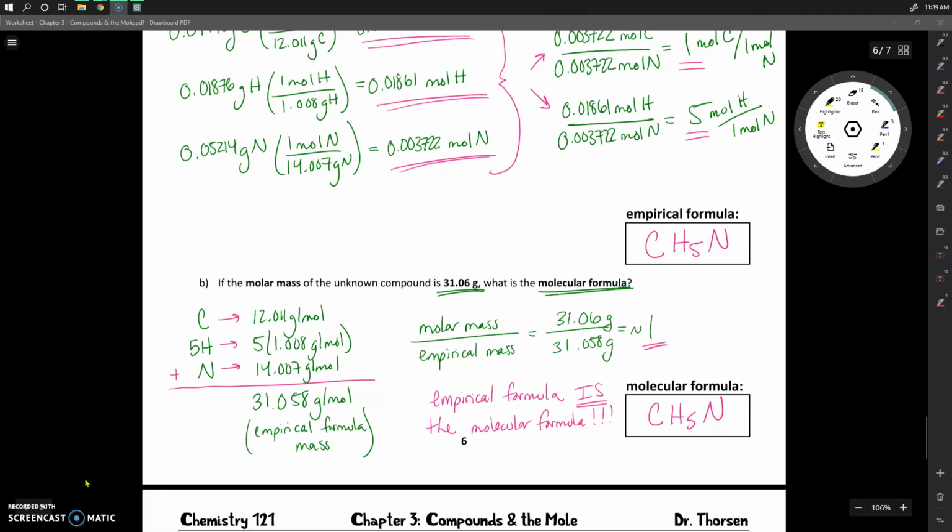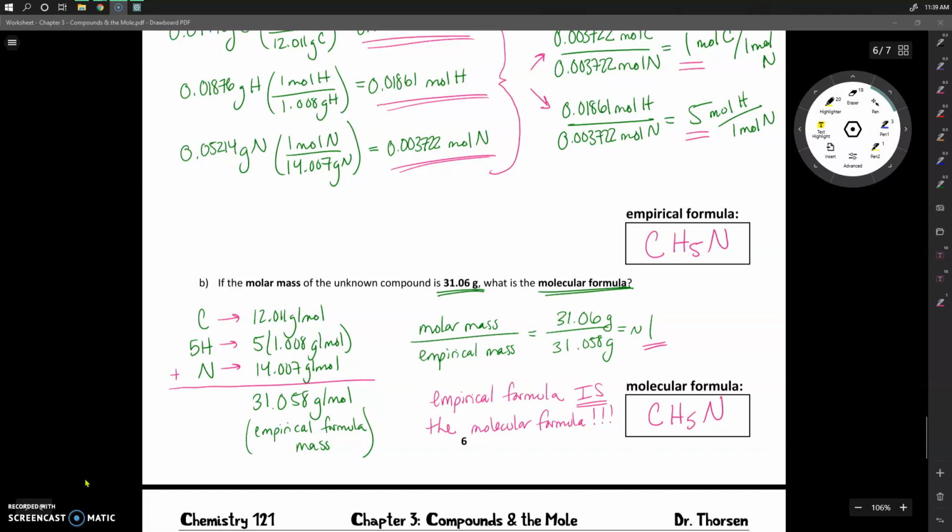And that can only be the case if the empirical formula represents the actual molecular formula of the compound. So this is just one of those situations where this compound happens to have a formula that is the simplest whole number ratio of all the elements. And there's a bunch of other molecular formulas out there that are also like this, where they just happen to be the simplest whole number ratio between the elements. So watch out for this sort of thing to happen.